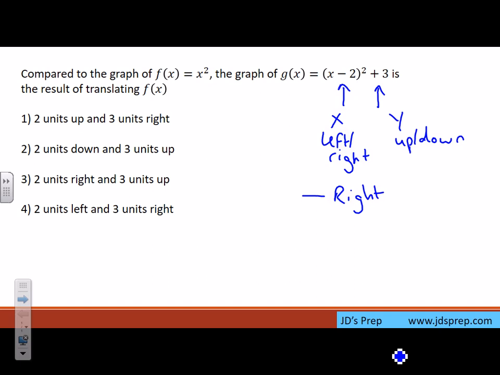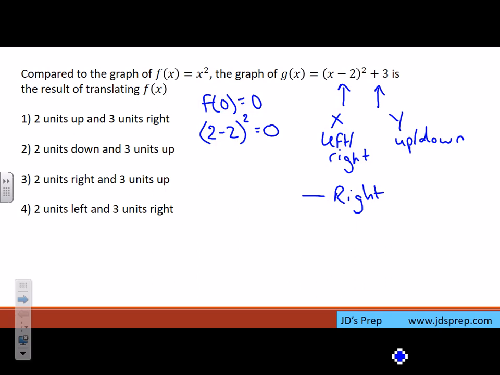For instance, if I plug in x equals 0 to f of x, I would have 0 squared, which is 0. But if I plug into the (x minus 2) squared and I want to get 0, I have to plug in x equals 2 to get the same end result.